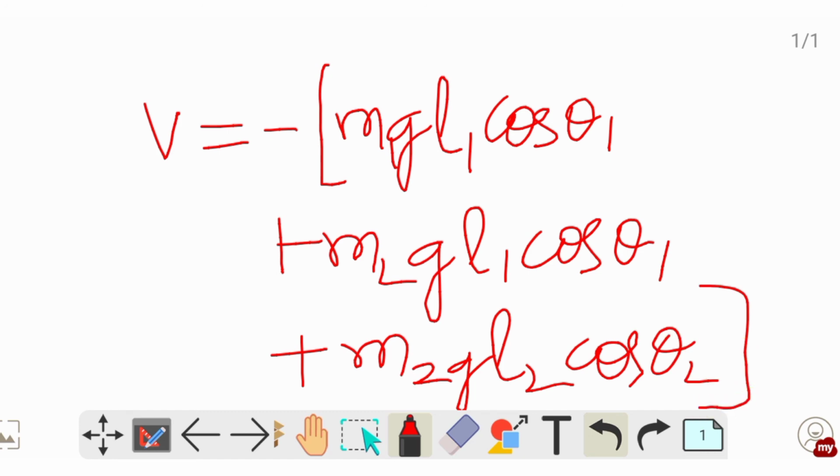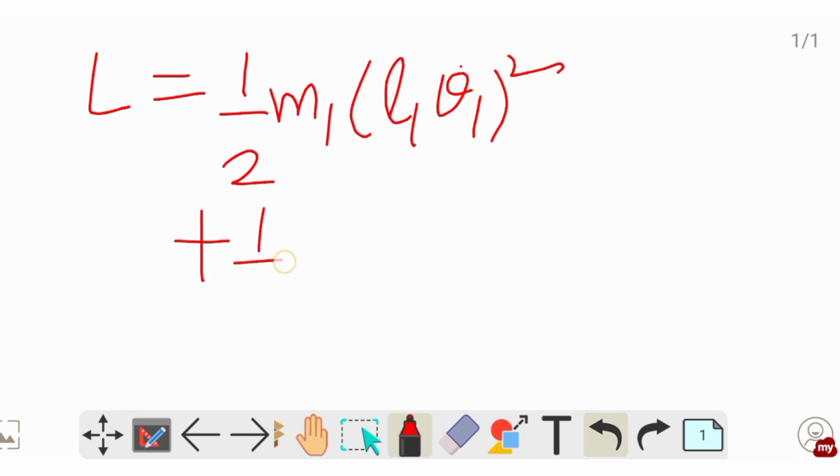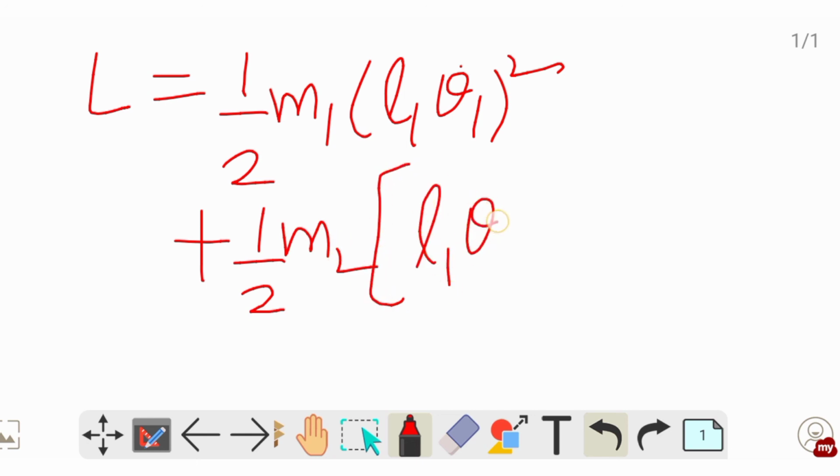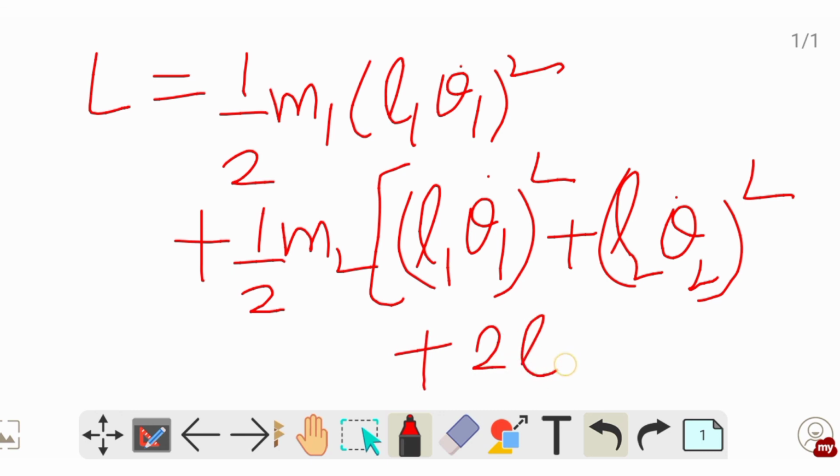So this is the total potential energy, and the Lagrangian is defined by L equal to half m1 l1 theta 1 dot square, the velocity of the first pendulum, plus that of the second pendulum, half m2 times l1 theta 1 dot whole square plus l2 theta 2 dot whole square plus 2 l1 l2 theta 1 dot theta 2 dot.